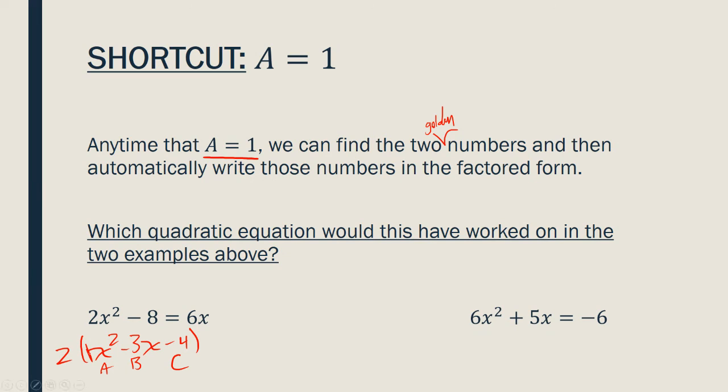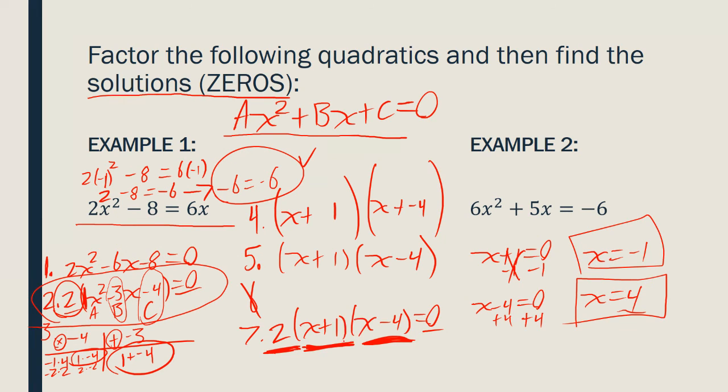So when A is equal to 1, when I don't have anything in front of the x squared, I can now identify a little shorter way that I can finish factoring this. Once I find those two golden numbers, I can automatically write those numbers in the factored form. Factored form meaning this, x, x, and then I'll be able to write those numbers right here. So my two numbers that multiplied to make -4 and add up to -3, if we go back here, those two numbers were 1 and -4.